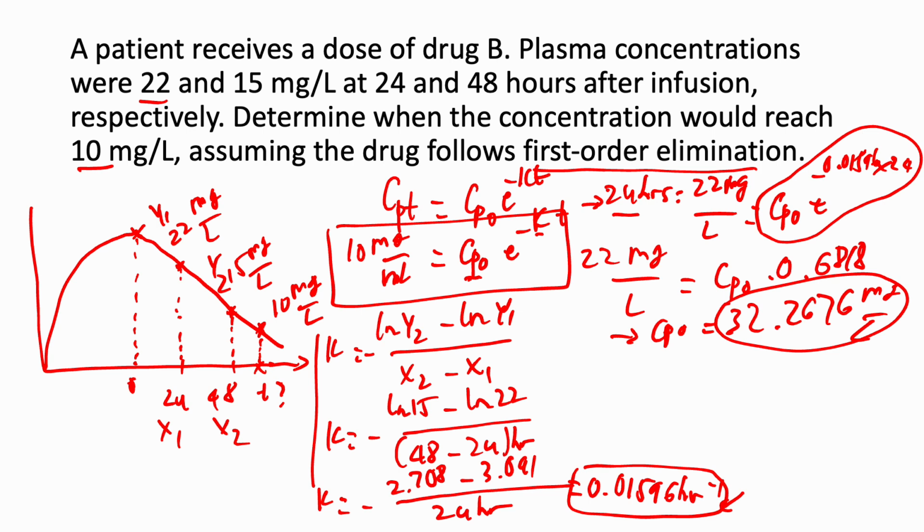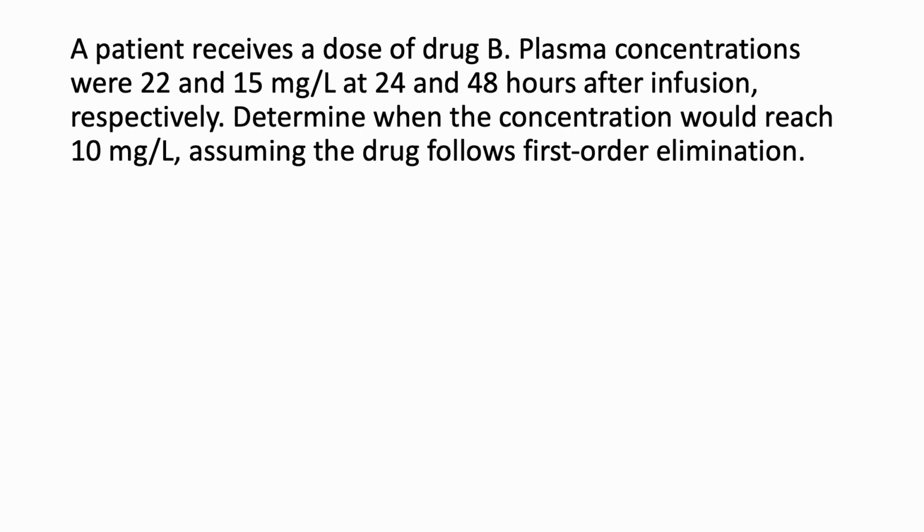So I have C_0 and I have K. Now I just solve for t. Okay, sorry for the crowded board here. I use again C_t is equal to C_0 exponential minus Kt.